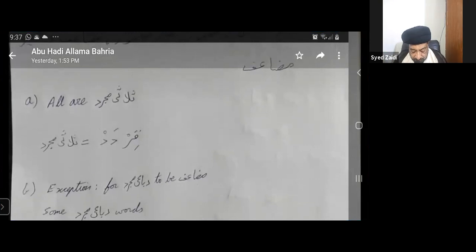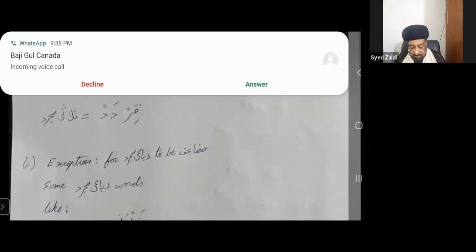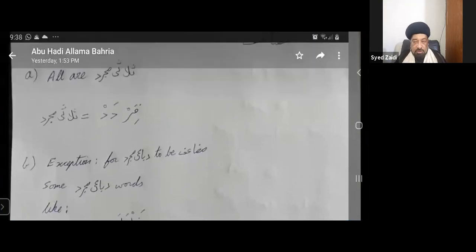Now, there is a slight exception for Rubai Mujarrad. What is that? Only the words that we had discussed earlier in the previous lessons, sahih, mu'tal, mahmuz, ghair mahmuz, muda'af, ghair muda'af. In muda'af, there is an exception.